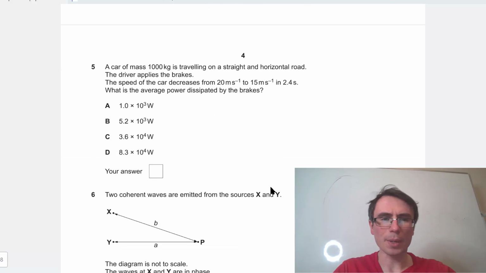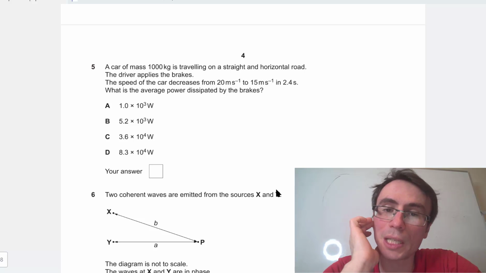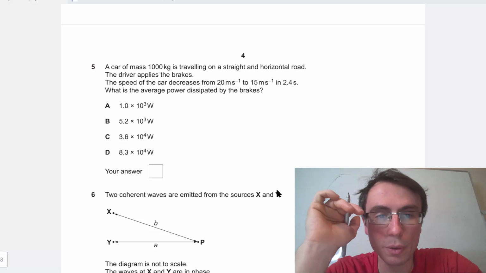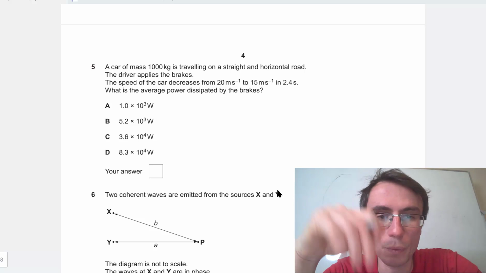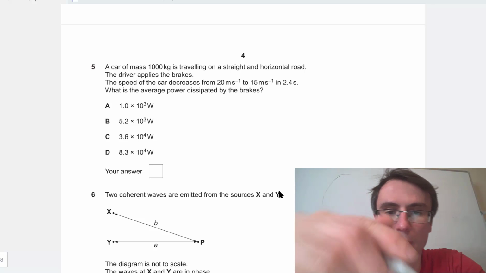We have a car of mass 1000 kg traveling on a straight and horizontal road. The driver applies the brakes. The speed of the car decelerates from 20 to 15 meters per second in 2.4 seconds. What is the average power dissipated by the brakes?